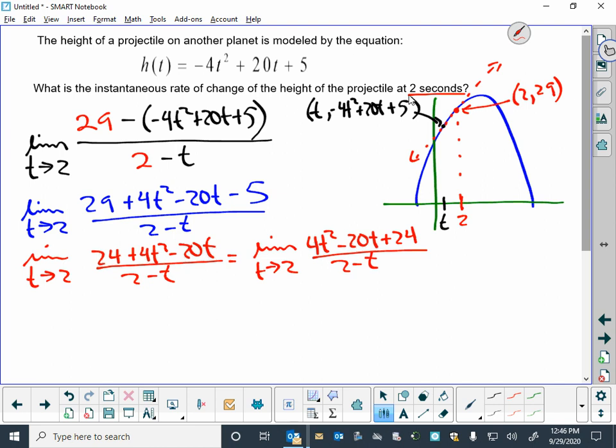A couple of things here. Because I know that putting a 2 into the numerator makes it equal to 0, I know that a 2 minus t will factor out of that. So I could just try to do that at this point and say I'm going to do the limit as t goes to 2, and I know I have to be able to get a 2 minus t out of there.